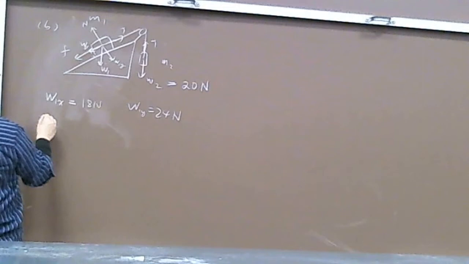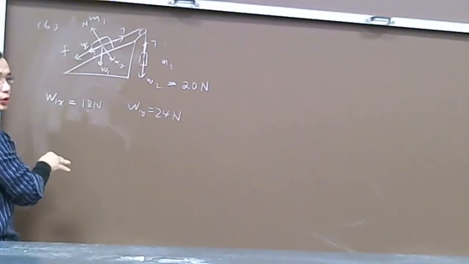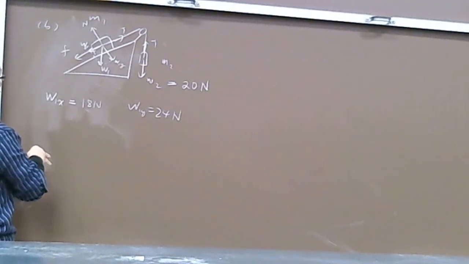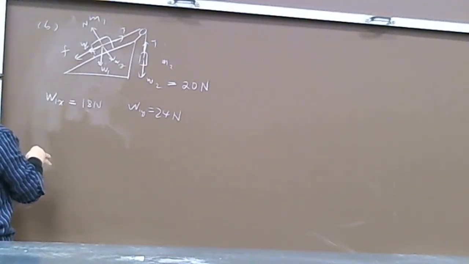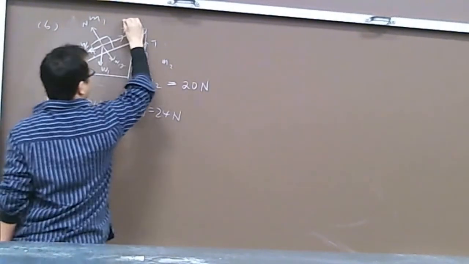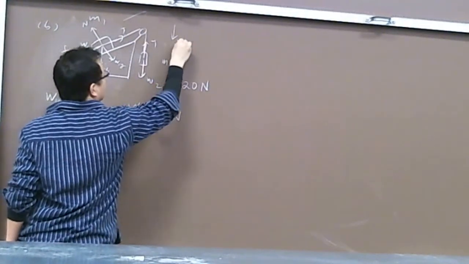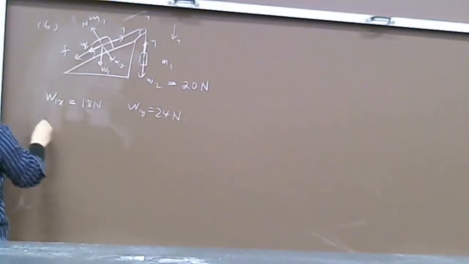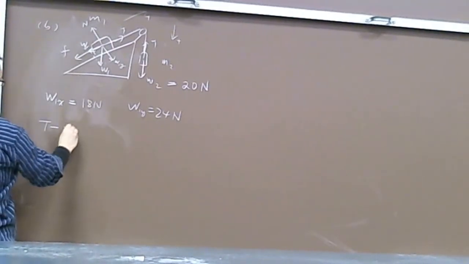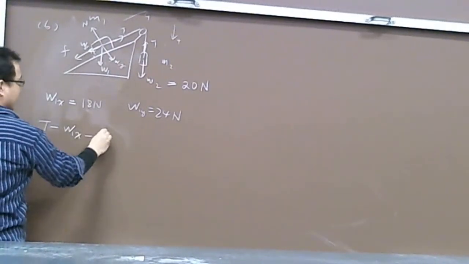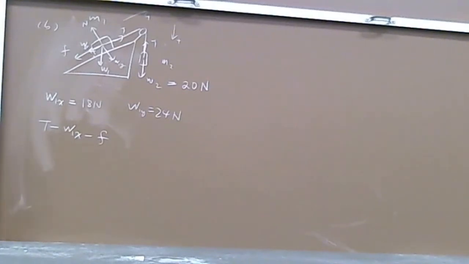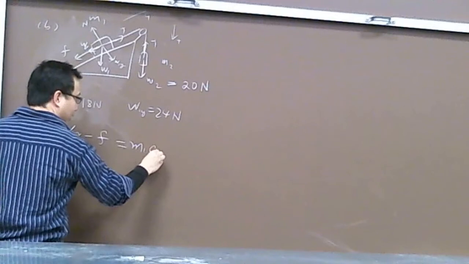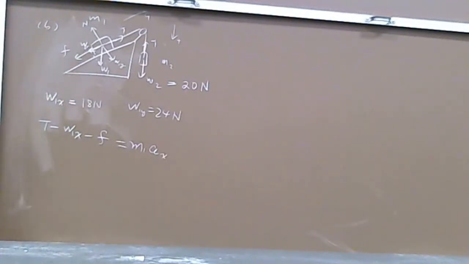For M1, you have two equations, along the x direction and the y direction. If we choose the positive direction like this, along the x direction you have T minus W1x minus frictional force equals M1A1x.